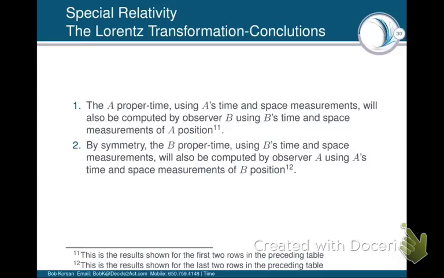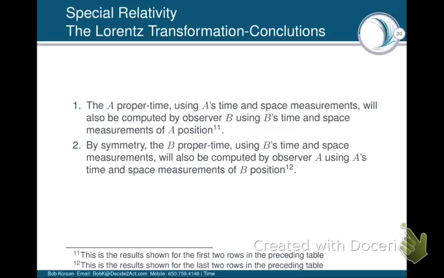And by symmetry, B's proper time using B's time and space measurements will also be computed by any observer, including Alice, using Alice's time and space measurements, and provide Bob's proper time being the same as Bob's proper time.